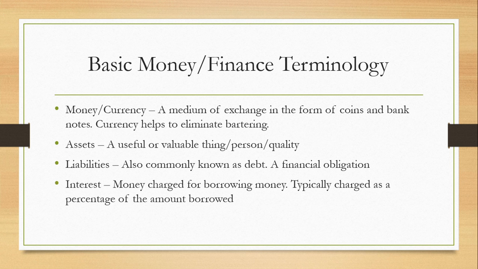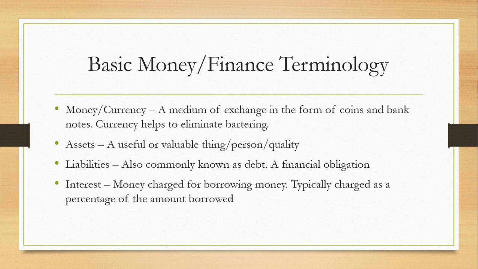Interest. Interest is money charged for borrowing money. Anytime you borrow money, you got to pay for it. And it's typically charged as a percentage of the amount borrowed. So, for example, you want to buy a car, the car costs $10,000, and you don't have the amount for the car.